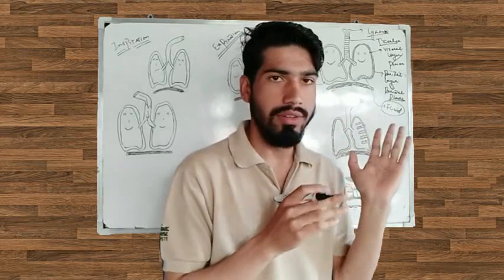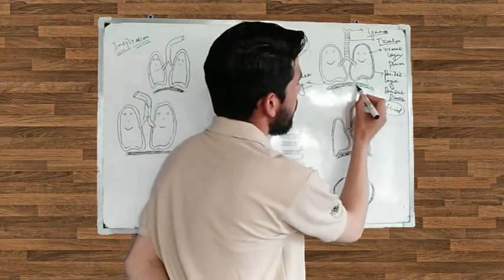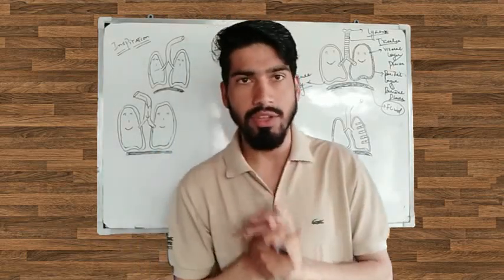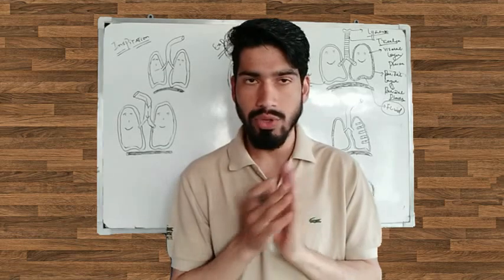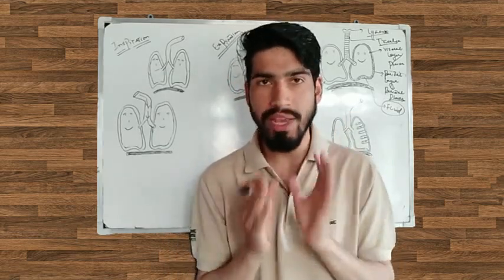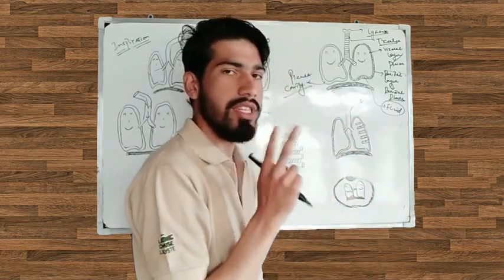Now, there is the dome-shaped muscle. If you want to understand the mechanism of breathing, you need to understand only two things here. If you understand those two things, you can understand the whole mechanism of breathing. They are two muscles. The first one, this dome-shaped, curved muscle, is the diaphragm.